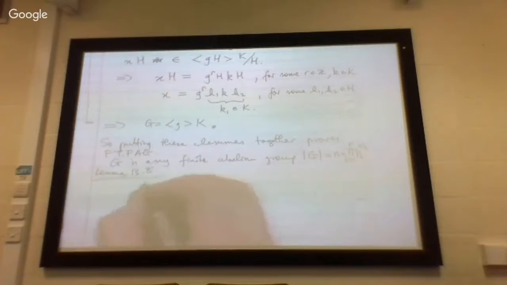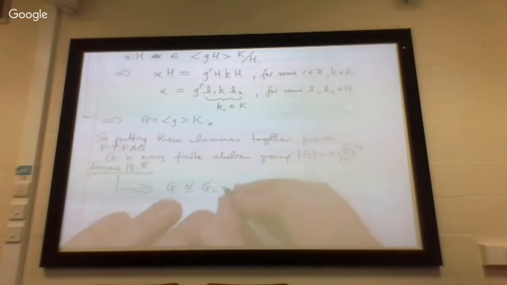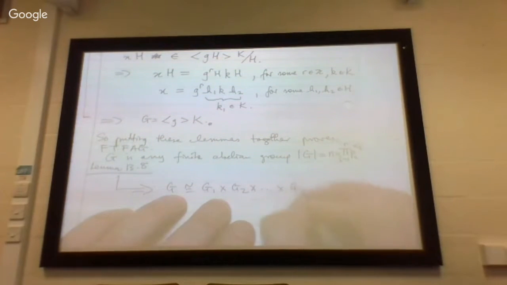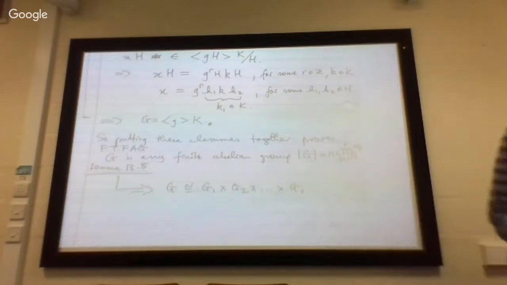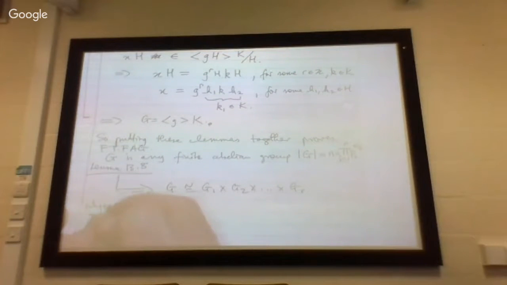Lemma 13.8 says that G is isomorphic to G1 direct product G2, all the way up to Gr. You've got one of these for each of these primes, where G_i is the p_i-primary component of G.